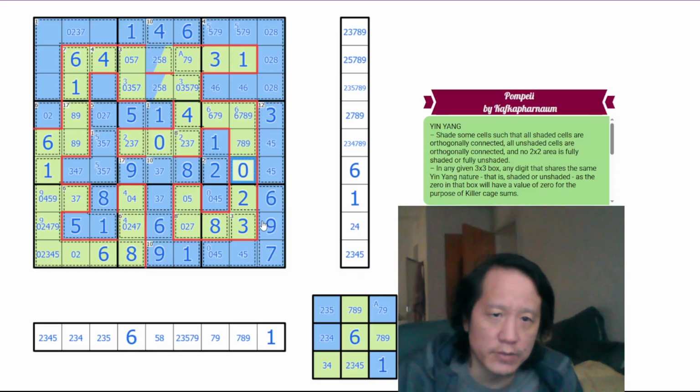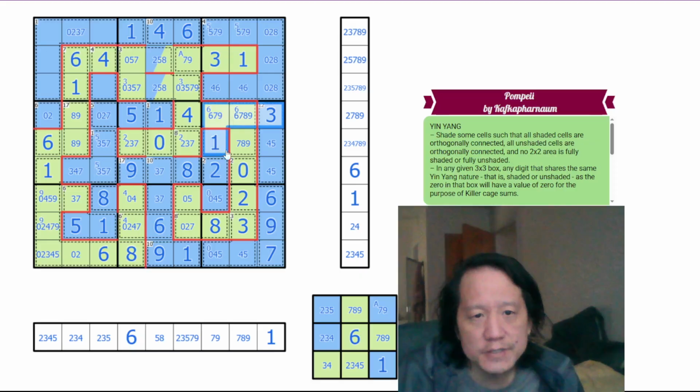This 0 is missing the 7, 8, and 9 that's in box 6.